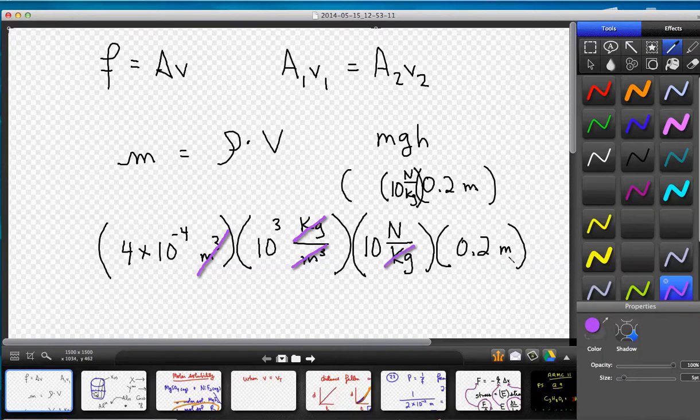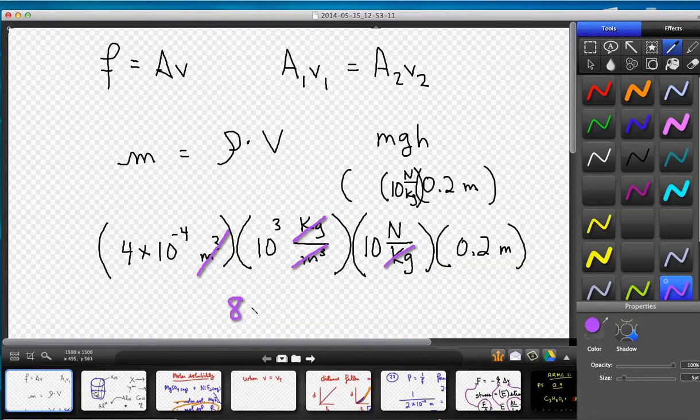So it's a Newton meter. Now we've got 4, we've got 40, we've got 8. And let's see. I'm missing something. Is it 4 times 10 to the minus 4?